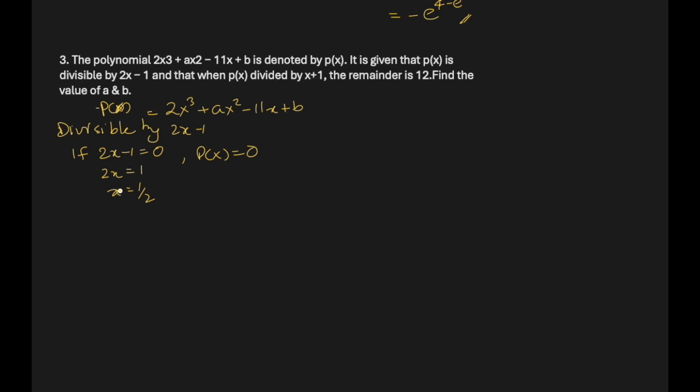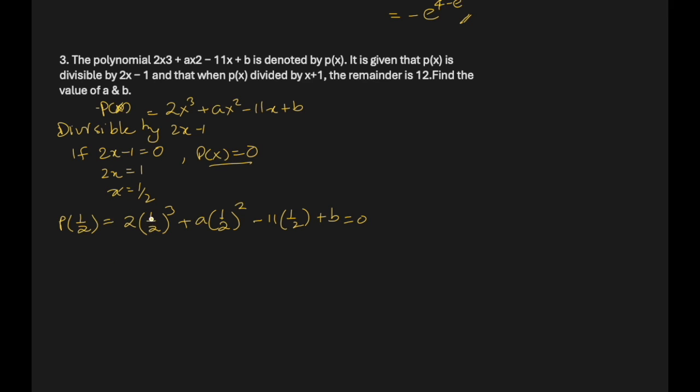So I will substitute this x in the polynomial. So p(half) will be 2 times half cube plus a times half square minus 11 times half plus b, and this is equal to 0 because the polynomial has to be 0 since its factor is 0.